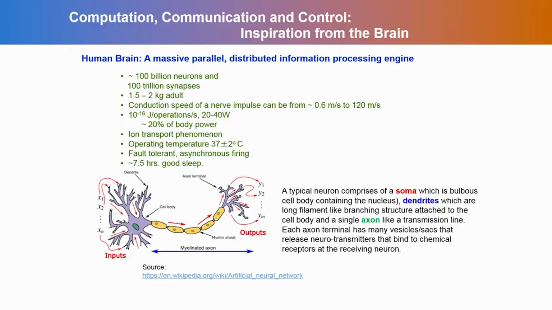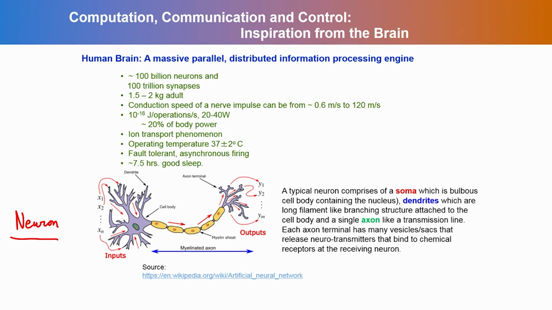Okay. Now, this is a sort of a schematic, biological schematic of a neuron. So, a typical neuron comprises of a soma, which is this bulbous cell body containing the nucleus.